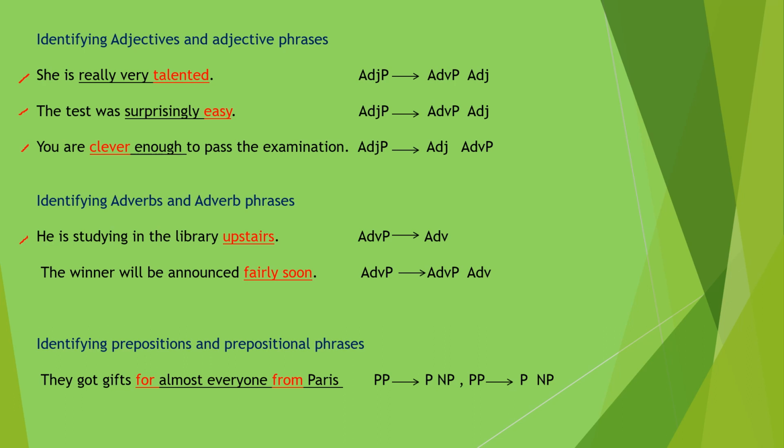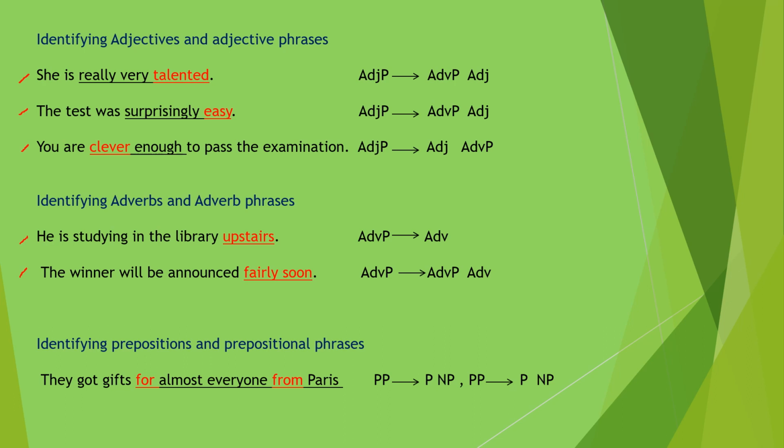Then we have the second sentence, the winner will be announced fairly soon. Again it answers the question when: fairly soon. So "fairly soon" is an adverb phrase. Here "soon" is an adverb telling you about the time, and "fairly" is also an adverb.